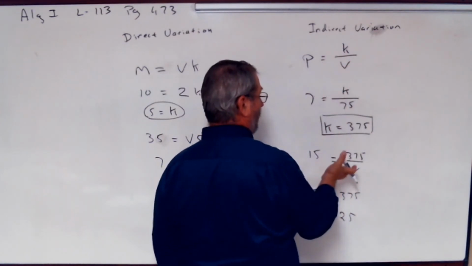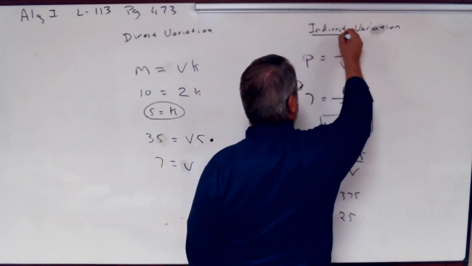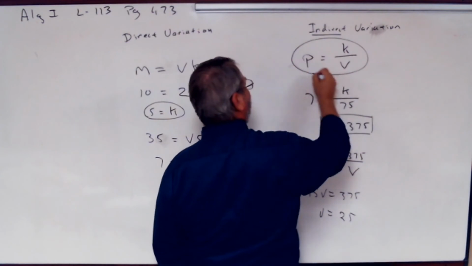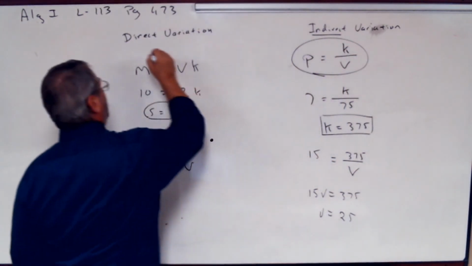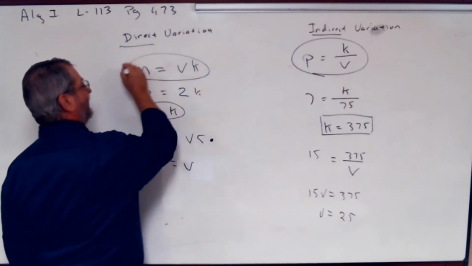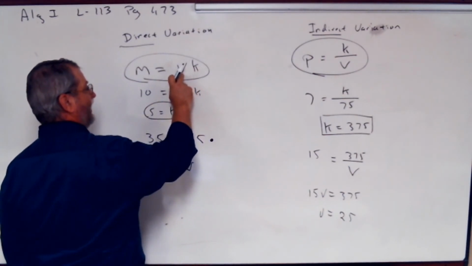This is indirect variation. If you see the word varies indirectly, the equation is going to look like this, the constant being on the top. If it's a direct variation, the equation is going to look like this. The constant is up here with the other thing.